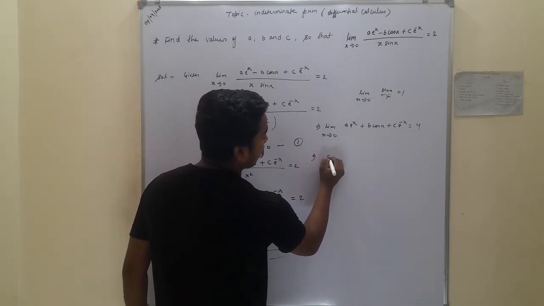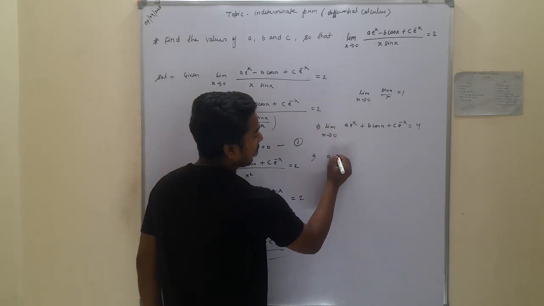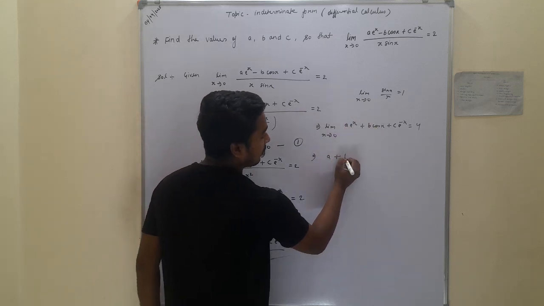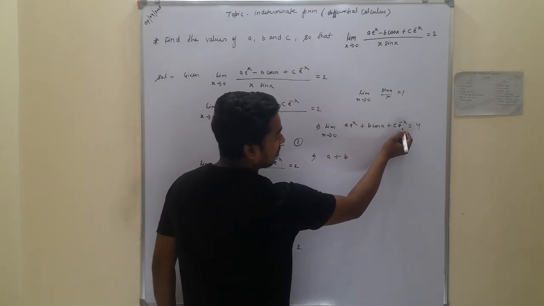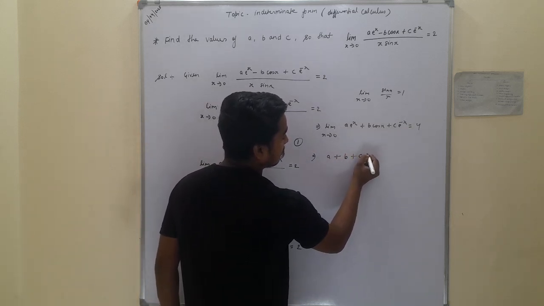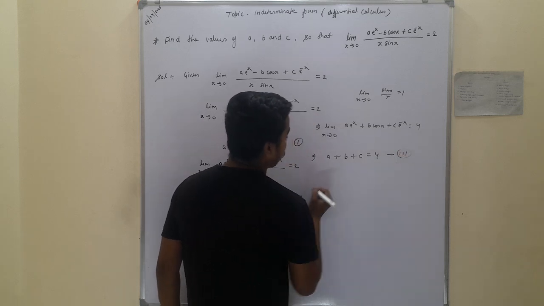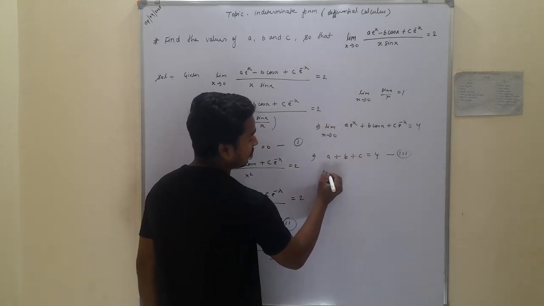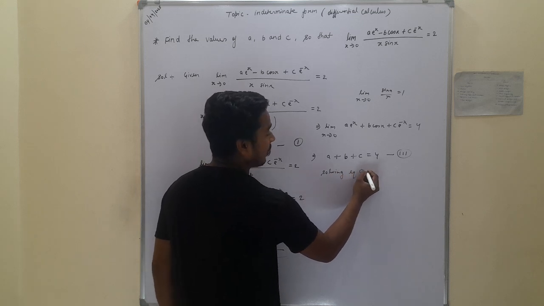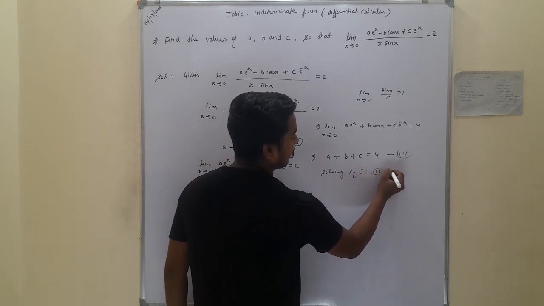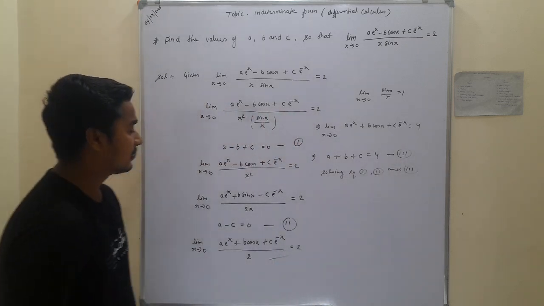We get a, we put e to the power 0 which is 1, and cos 0 is 1, and e to the power of minus x is also 1. It becomes a plus b plus c is equal to 4. Let this be equation third. And solving equations first, second and third, we get the values of a, b and c.